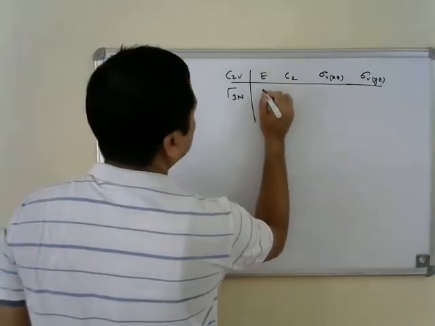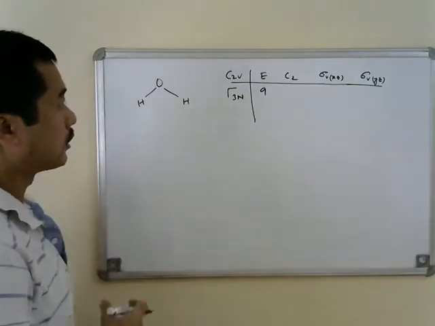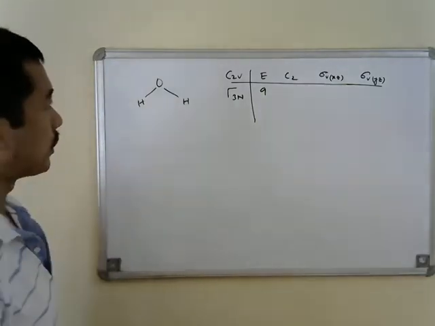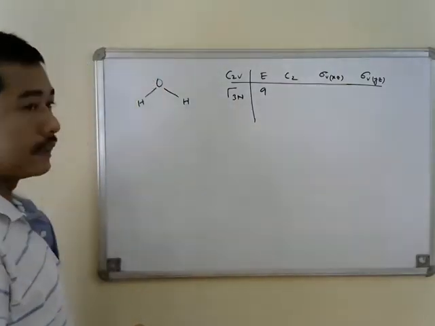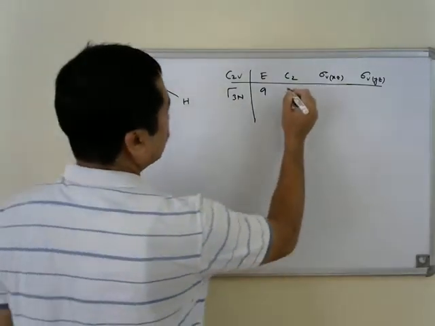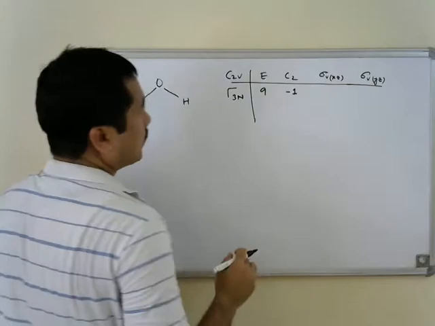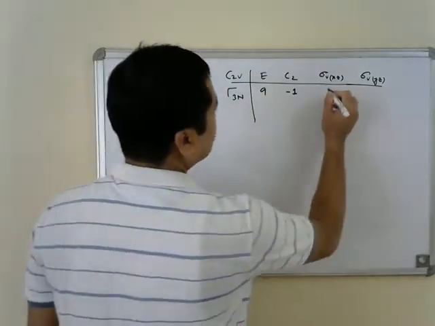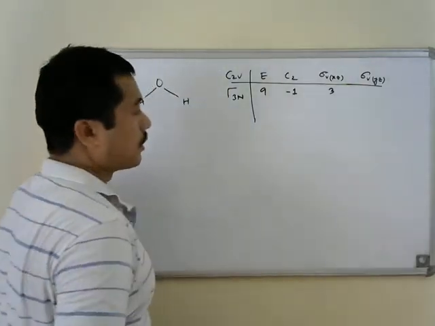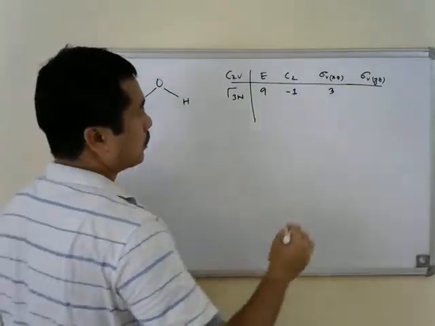The character of the matrix representation for the identity operation was equal to 9, while the character for the C2 operation was equal to -1, and for sigma v xz it was equal to +3, and for sigma v yz it was equal to +1.